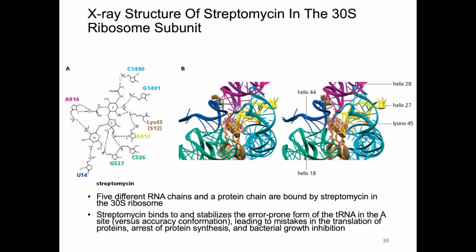And then panel B is just the stereo diagram from the literature where the data was published, showing how the drug fits into a cavity where there are all of these different helices from the 30S ribosomal subunit that interact around the drug to give the active site pocket where the aminoglycoside binds. It stabilizes what's called a near-cognate form of the tRNA in the A site, and therefore the binding of streptomycin and the aminoglycosides leads to mistakes in the translation of the proteins and shutdown of protein synthesis.